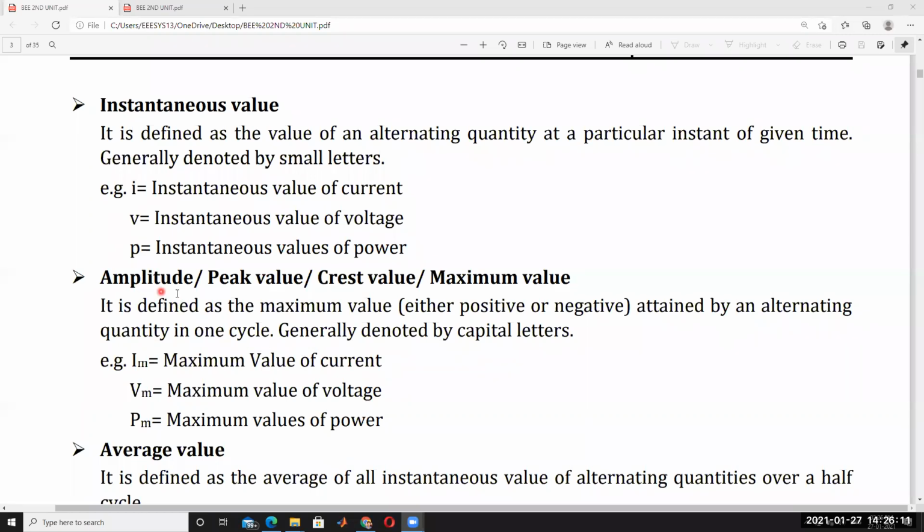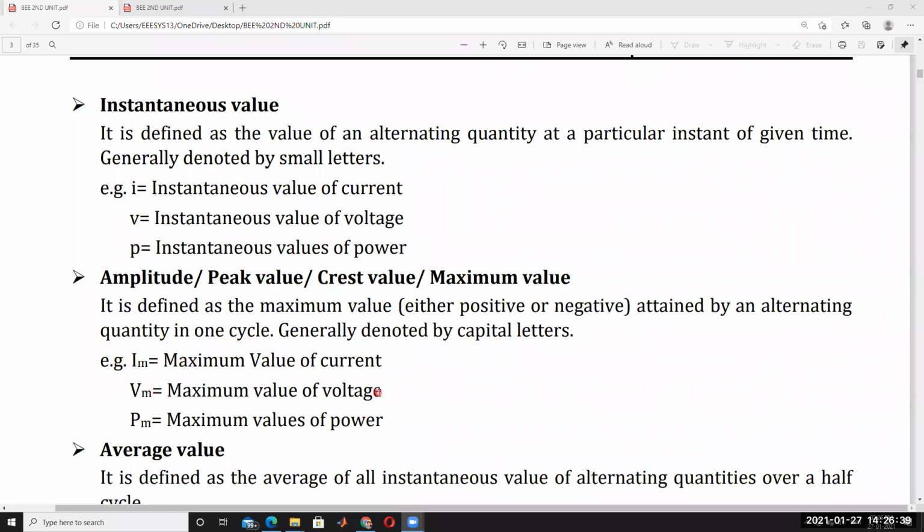It is generally denoted by capital letters. Im is the maximum value of current. For instantaneous values we take small letters, while for amplitude, peak, crest or maximum value we use capital letters, like Im, the maximum value of current.